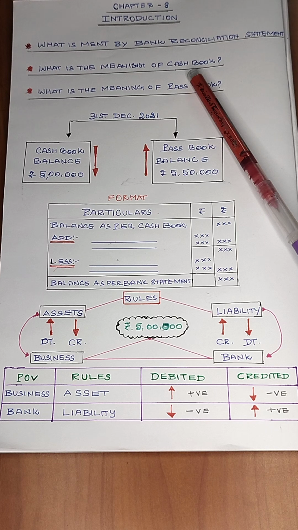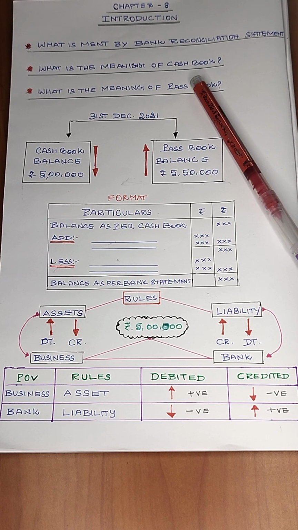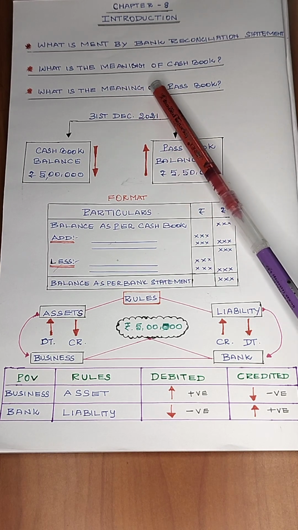What is the meaning of cash book? The cash book is a book which is prepared by the business to keep track of the cash and bank transactions, of cash in hand and cash at bank. How many columns does the cash book have? The cash book has 3 columns: discount column, cash column and bank column.